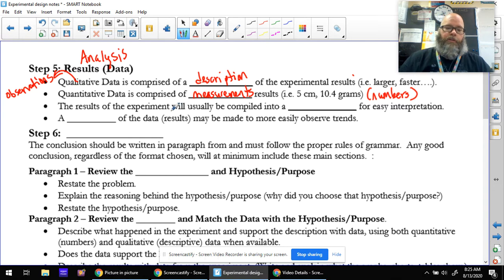The results of the experiment, and this is typically the quantitative data, will end up in a data table. Or some people call it a data chart. Okay, I'll call it a data table. And it organizes things for you. If you're a reader and you're reading over somebody else's experiments, you don't necessarily want to read everything word for word.